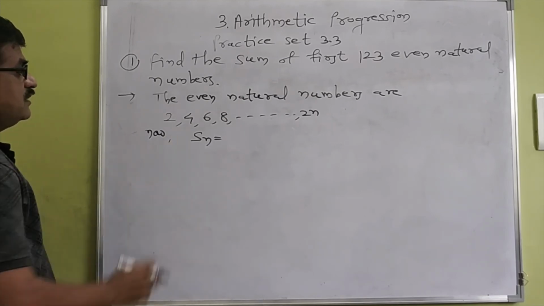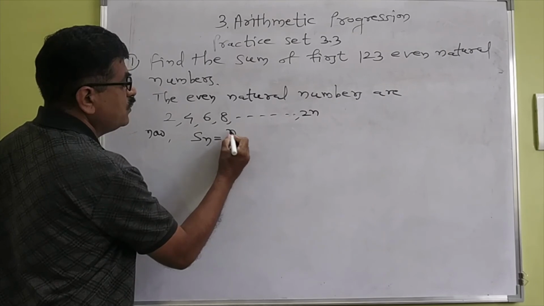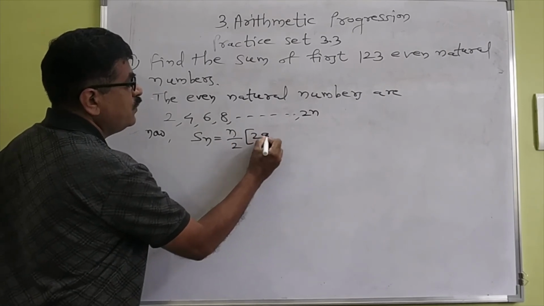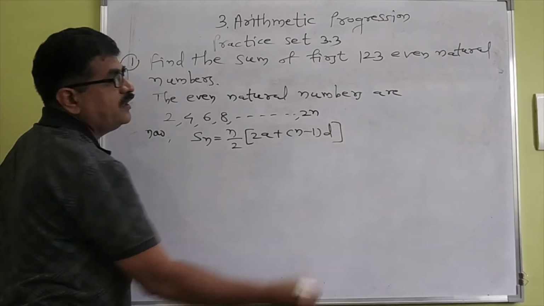Now here Sn is equal to, the formula is n upon 2 into bracket 2a plus (n minus 1) into d.